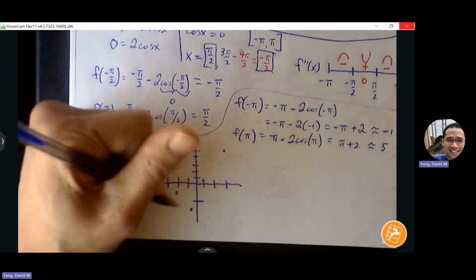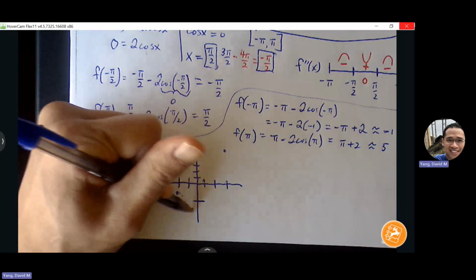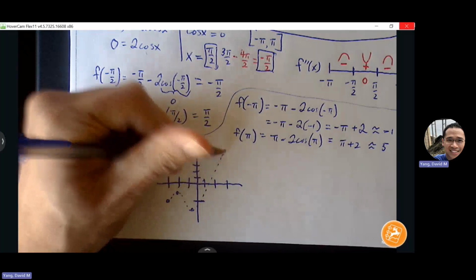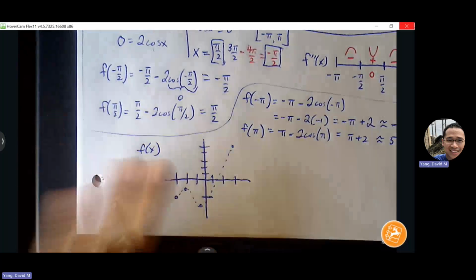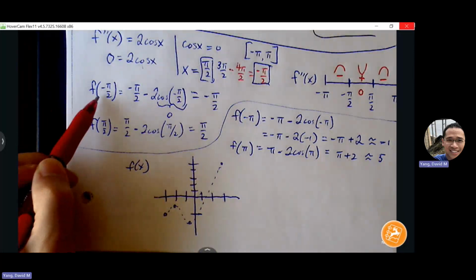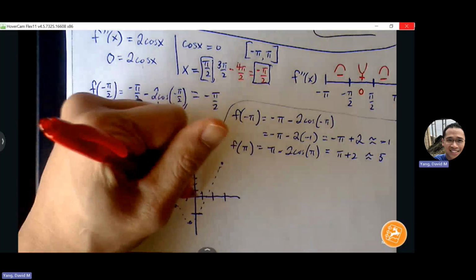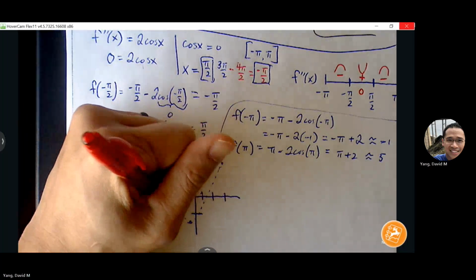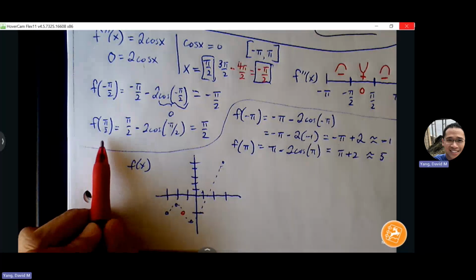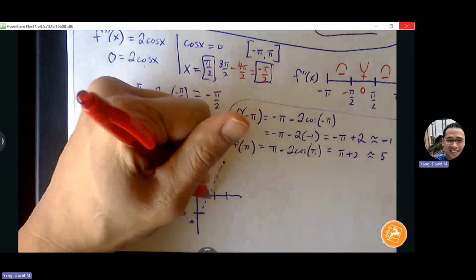Okay, so we know our graph is going to have this shape in terms of relative max, relative min. I'm not looking at concavity yet. I just want to be able to sketch the graph. I know my points of inflection are at -pi over 2, -pi over 2. So that's -1.5, -1.5. And then my other point of inflection is at 3/2, or 1.5, 1.5.